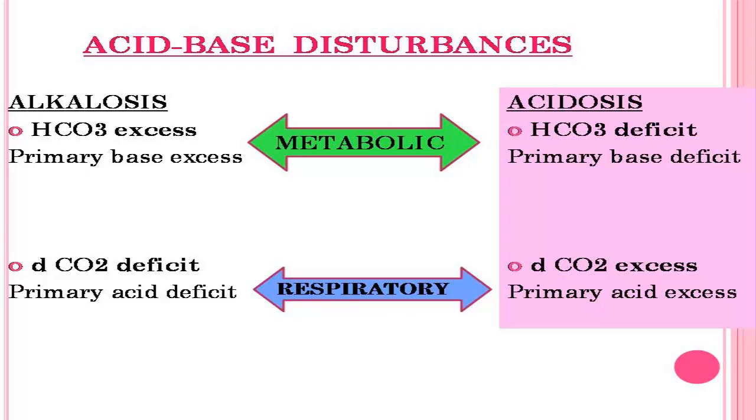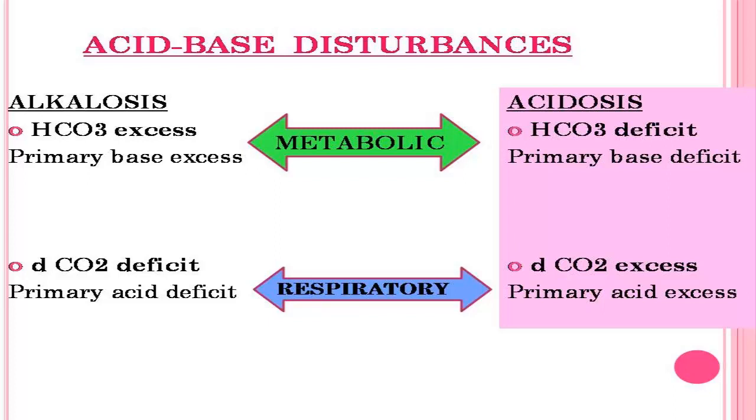So here you can expect dissolved carbon dioxide excess or the primary acid excess. The primary acid that is present in our system is the dissolved carbon dioxide. So when it is present in excess in the body, it will lead to acidosis, and this type of acidosis will be called respiratory acidosis. Why respiratory? Because the regulator of carbon dioxide level in our body is the respiratory system, that is the lung. So it is the respiratory acidosis.